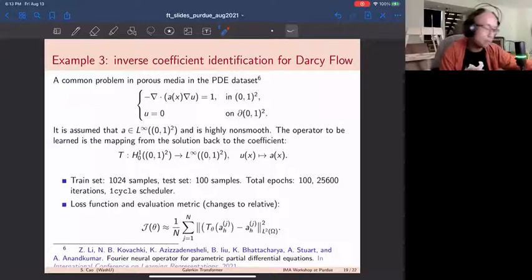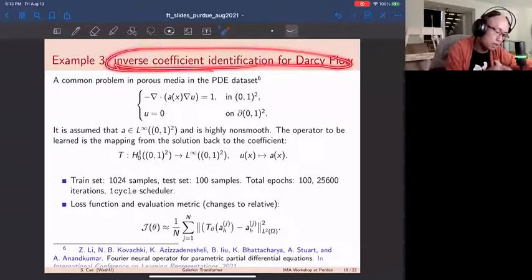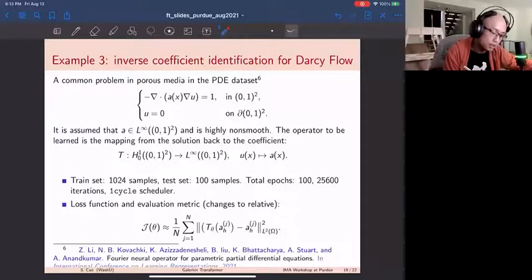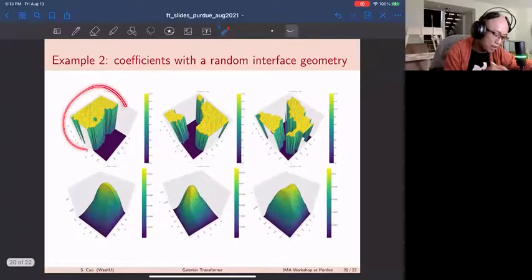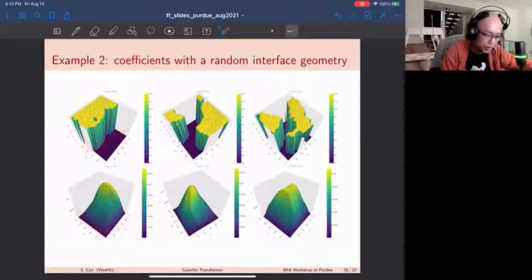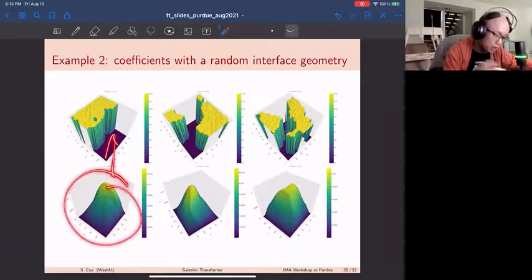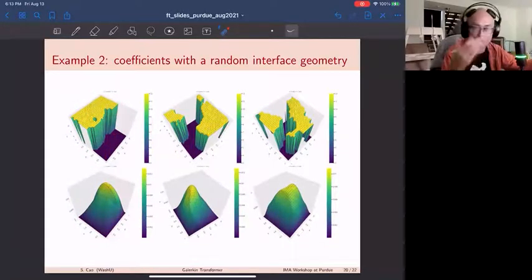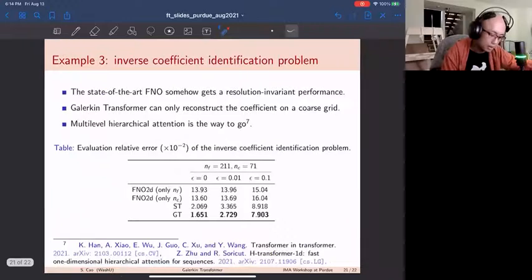The next example is we try to tackle the inverse coefficient identification for Darcy flow. I think this should be example 2. Basically, we have our coefficient, and this is our solution. Given the solution, we try to infer the coefficient. That's our problem. And here is our result.